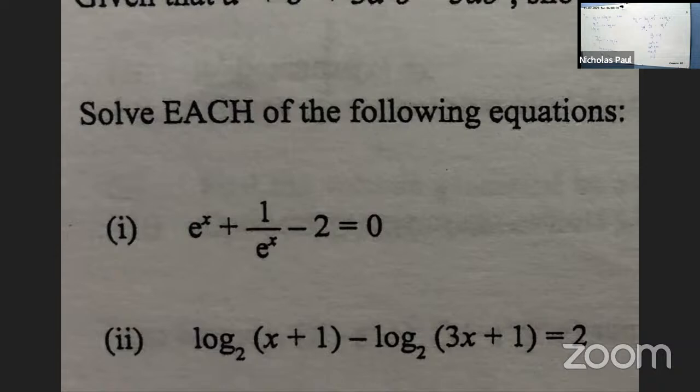So the first one, let y equal e to the x, and yeah, quadratic and root.